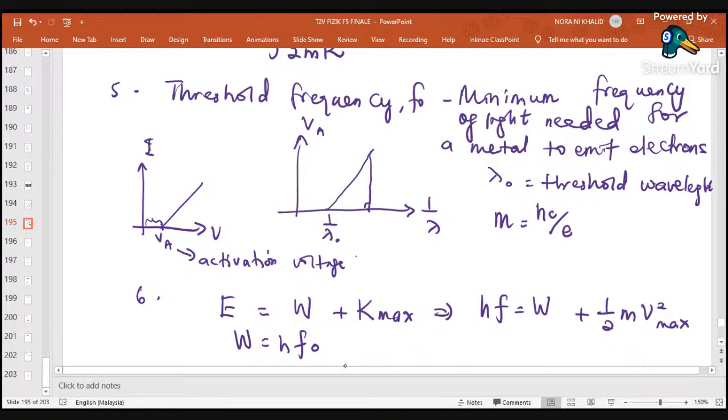Thus we get half mv squared maximum equals hf minus hf naught. So we can determine the maximum kinetic energy of the electrons emitted through the photoelectric effect.